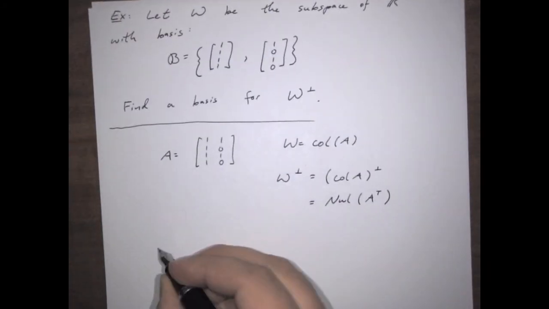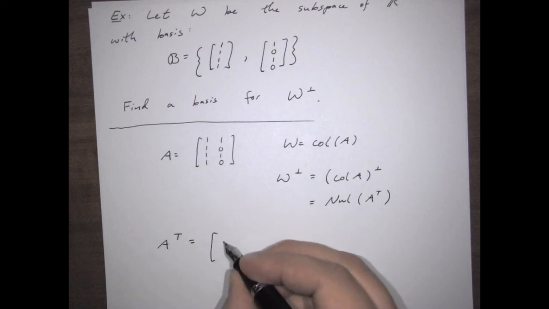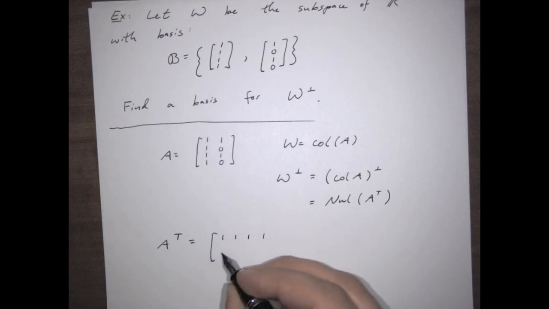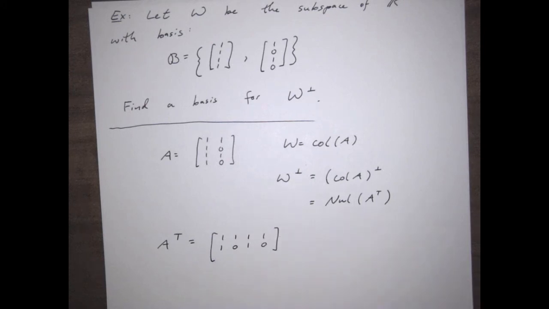So let's figure out what A transpose is. A transpose would be 1, 1, 1, 1 as a row instead of a column, and 1, 0, 1, 0 as a row instead of a column. So now we need to find the null space of A transpose.